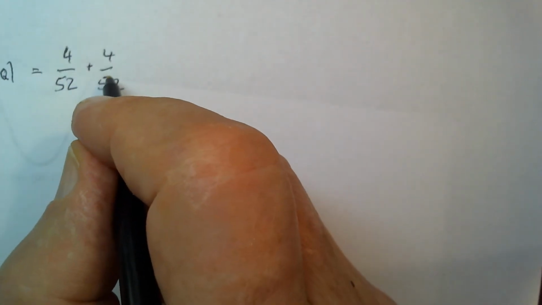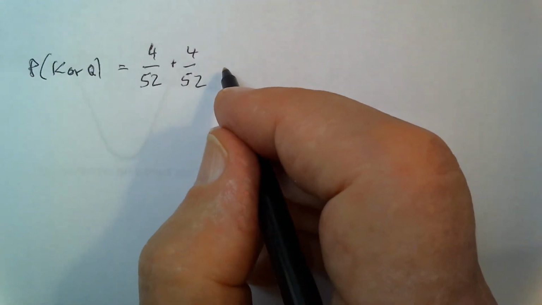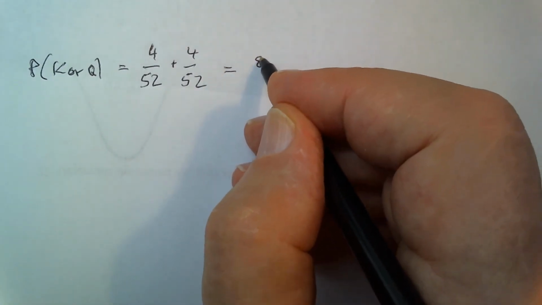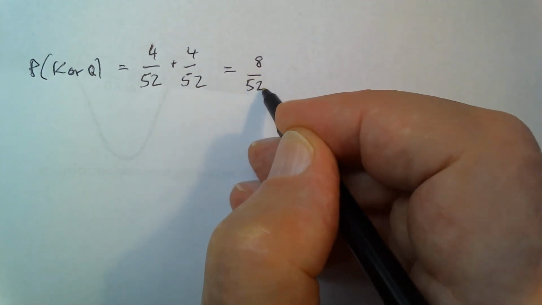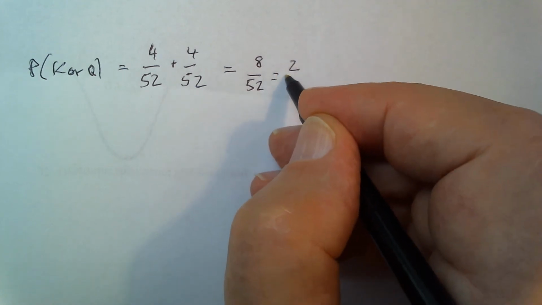Well, there are 4 kings in a deck of 52 cards, and there are 4 queens. So the probability of drawing a king or a queen would be 4 divided by 52 plus 4 divided by 52, that would be equal to 8 divided by 52, or that would be equal to 2 divided by 13.